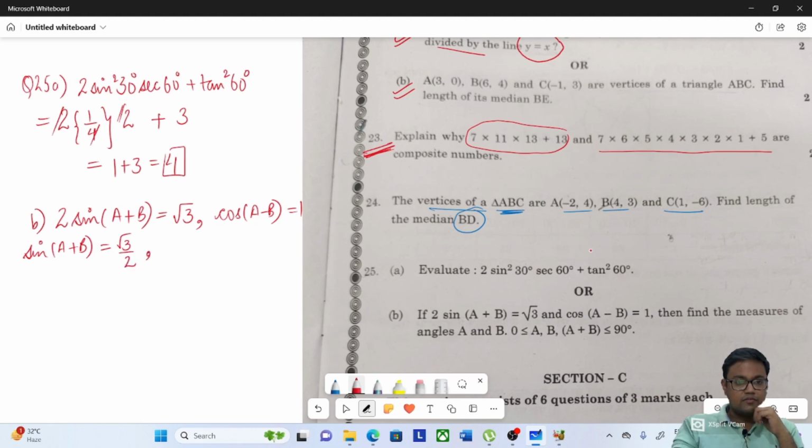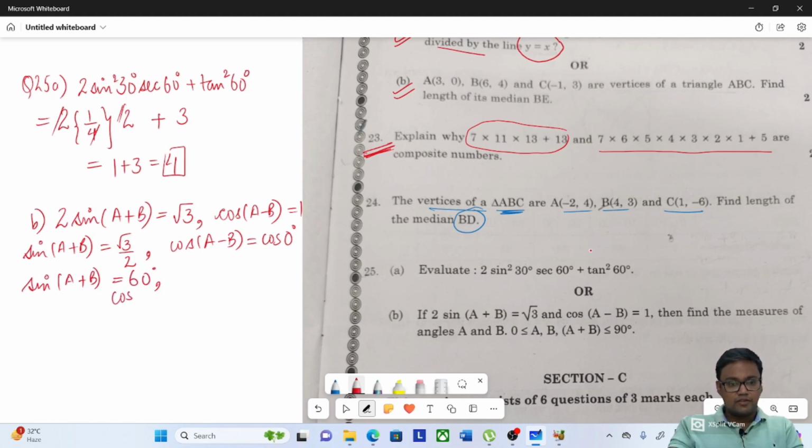The second expression cos A minus B, and you know that at which degree between 0 to 90 cosine gives you 1, and that is 0 degrees. Similarly, sine gives you root 3 by 2 between 0 and 90 at 60 degrees.